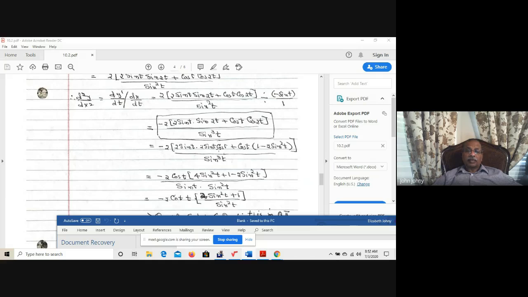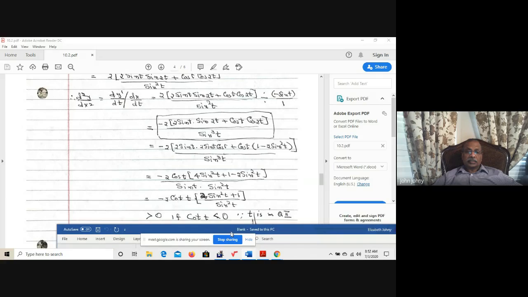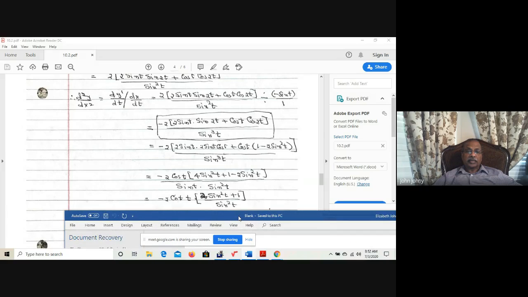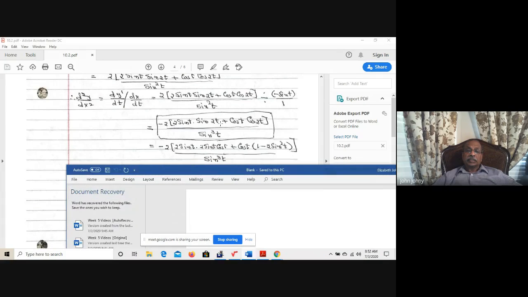And I have simplified it a little bit by applying the double angle identity, because you may simplify further. When you apply the double angle identity, sine 2t is 2 sine t cos t, and cos 2t is 1 minus 2 sine squared t.